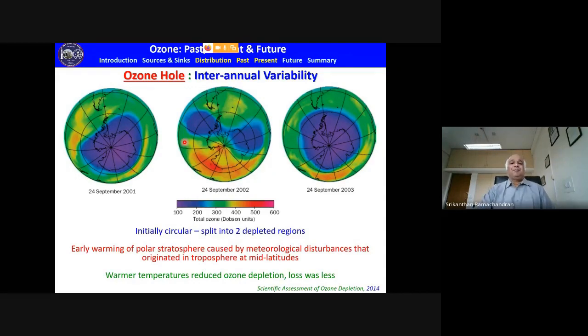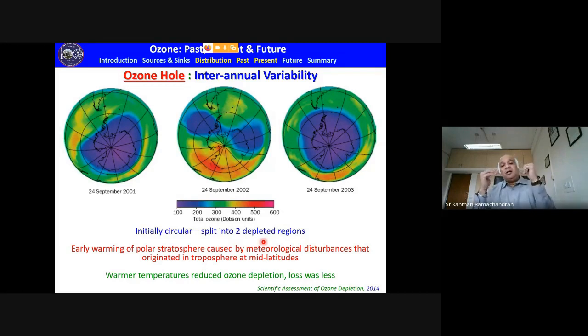This is because the depletion that developed split into two regions. That happened because of the early warming of the polar stratosphere, which was caused by meteorological disturbances, meaning dynamics, that originated in the troposphere at mid latitudes.